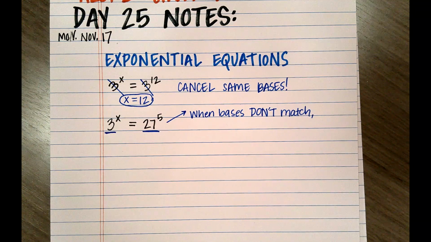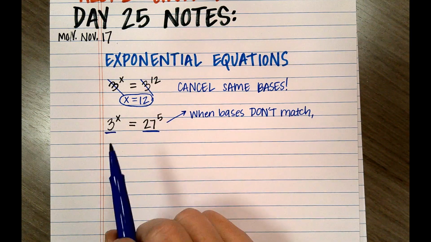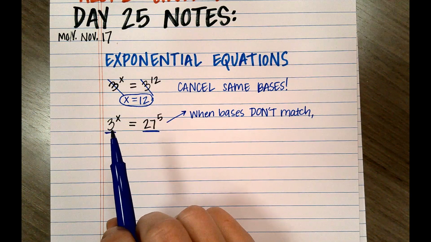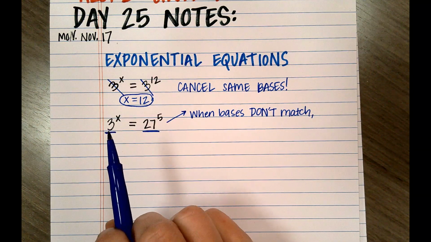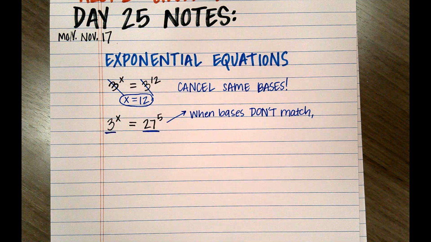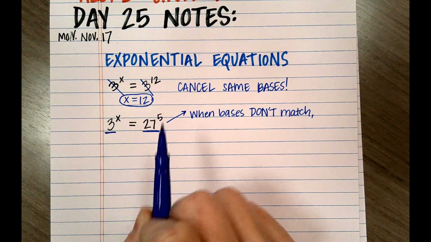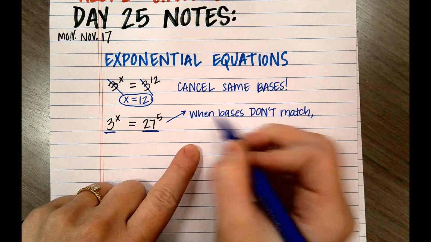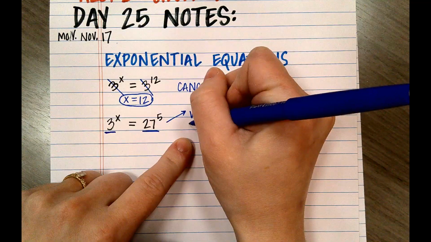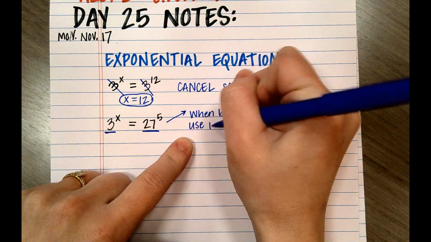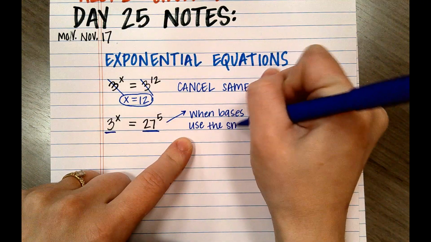When bases don't match, you take the base number and try different exponents to make them match. So we'll use the smaller base and try different exponents to get it to match. So when bases don't match, use the smaller base.